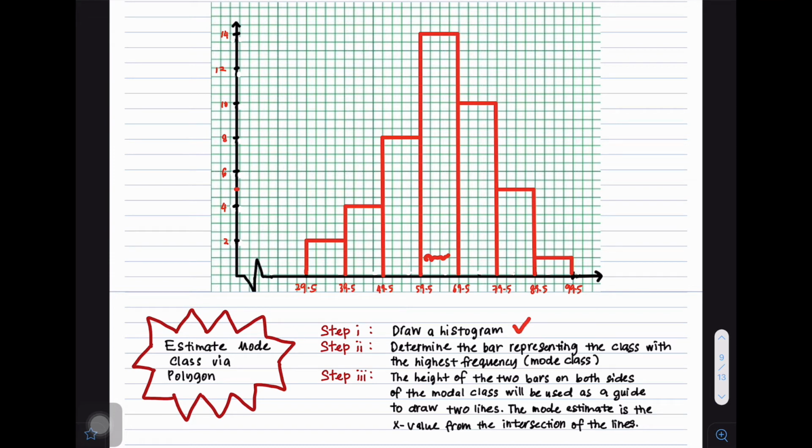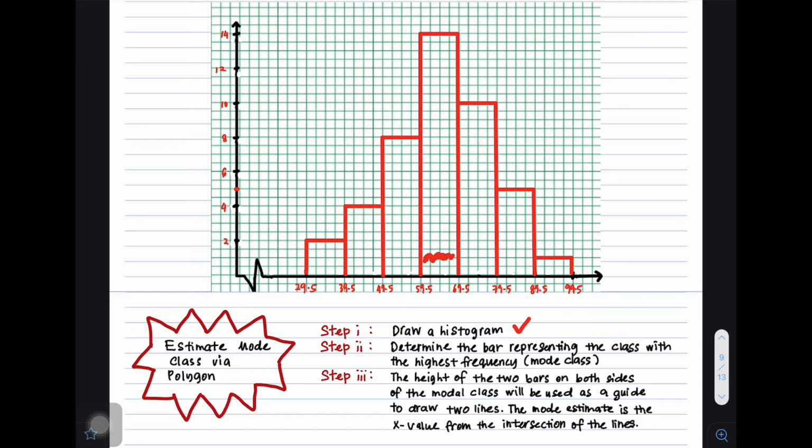Determine the bar representing the class with the highest frequency. So we already see this one is the class that has higher frequency because the bar is the highest one. Okay, and the step number 3, the height of the two bars on both sides of the modal class will be used as a guide to draw two lines. The mode estimate is the x value from the intersection of the line.